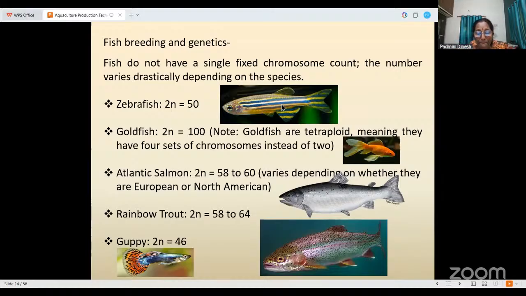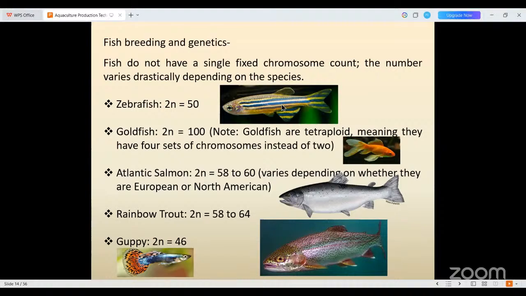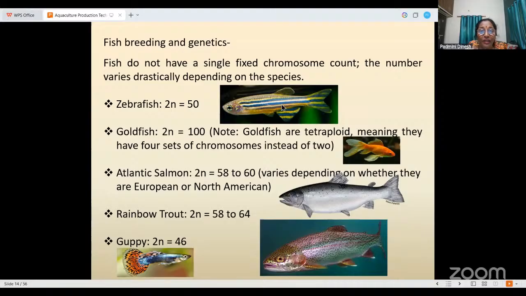Anybody? 46. That is 23 pairs, each 23 coming from one parent. Now this is such a tiny fish, but it has 50 chromosomes. So size doesn't matter. It can be more, it can be less. Size is not at all a matter.